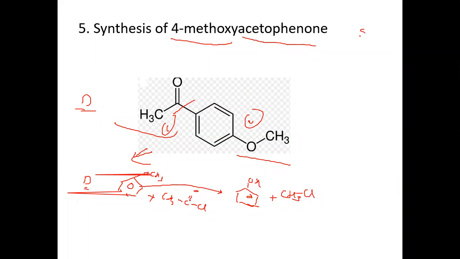Next, what is the synthesis? We'll take a phenol. For that, I will not add methyl chloride because it is not a good methylating agent. What I will add here is Me2SO4, dimethyl sulfate.